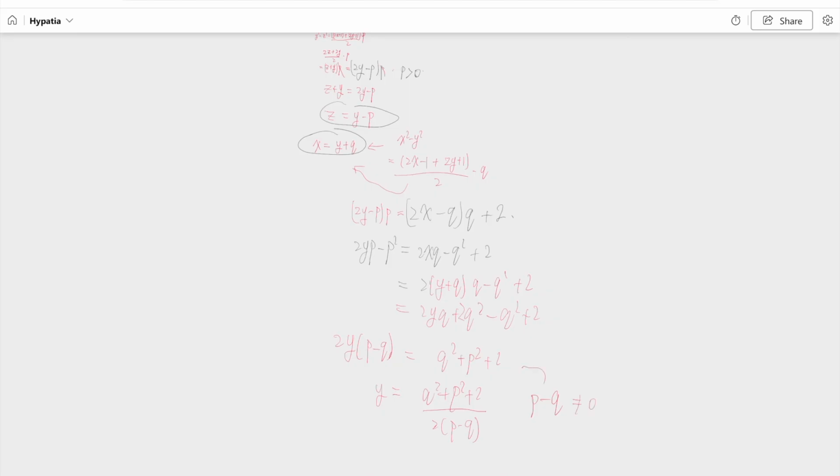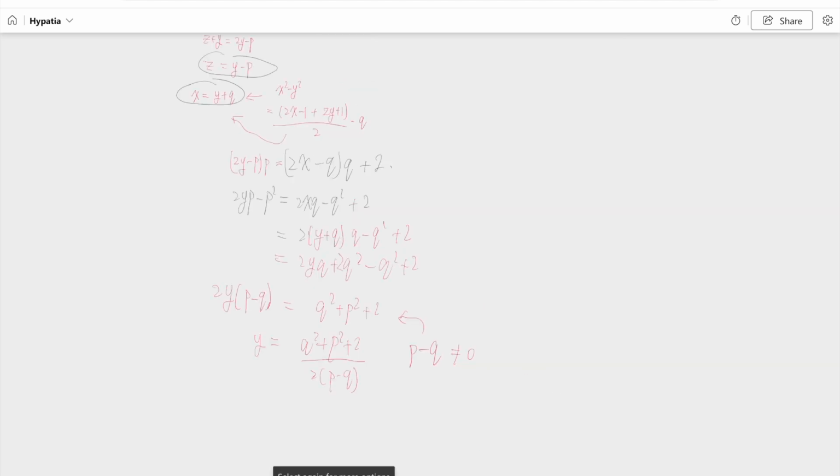We notice in this situation p minus q cannot be 0, since if p minus q equals 0, the second line of the equation will not be true, since the smallest value of p squared and q squared is 0, and this will lead to 0 equal to 1, so p minus q equals 0 is impossible. So we get our answer for question 2.